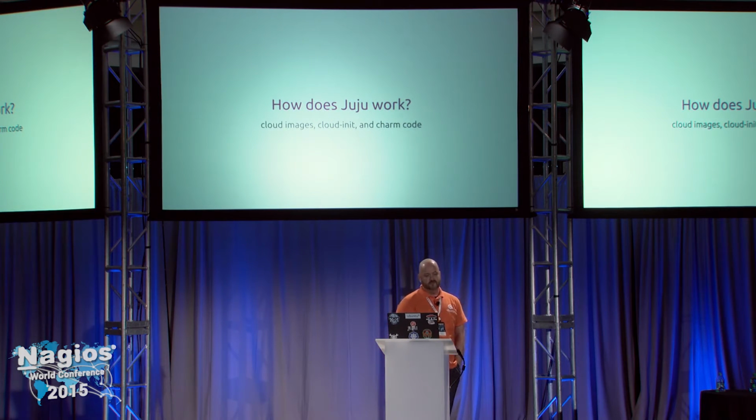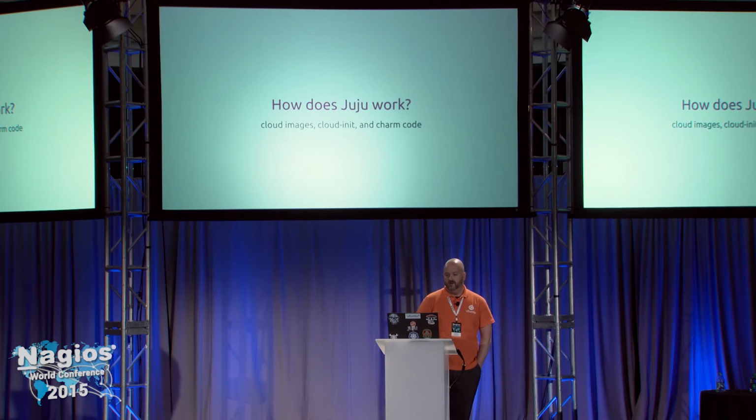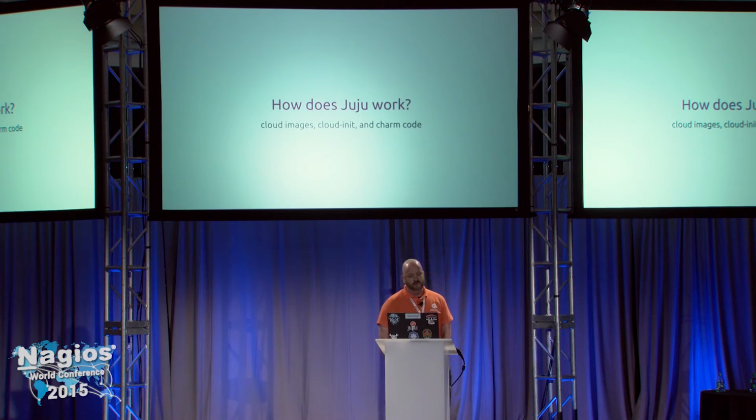There's a Juju agent running on each of these instances, and that is what responds to the events that happen. And there's events such as install or config or start, and we'll get into those in a couple of minutes here. But the charm can respond to anything that Juju sends to it. And that's the power of the service orchestration.